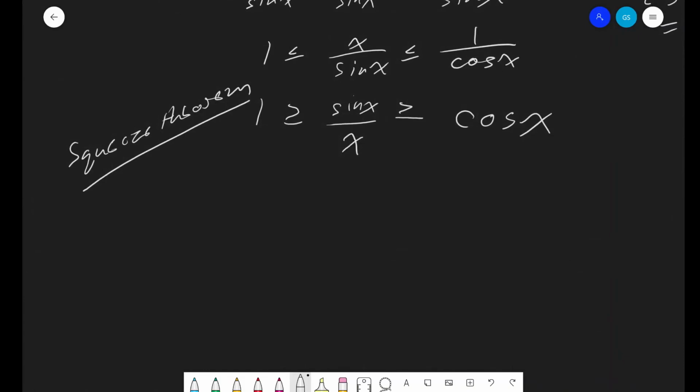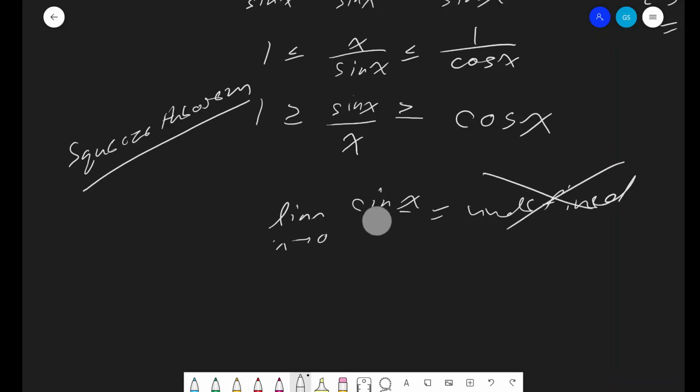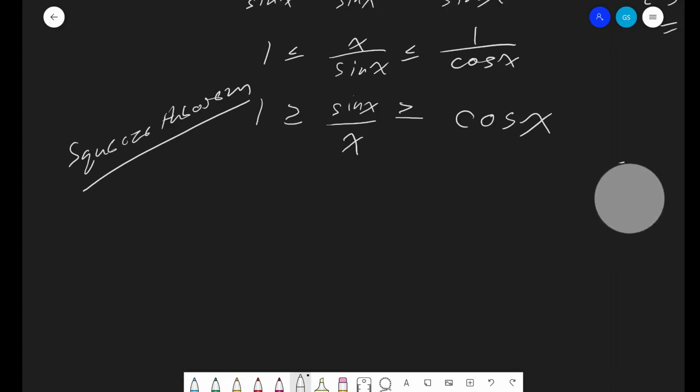Intuitively, if you didn't look at the graph, and you just said the limit of sine x over x as it approaches 0, you would say that's undefined. But that's actually not the case. That's not how it works. What the squeeze theorem tells you is to put it in a place where the thing you're interested in is in the middle.